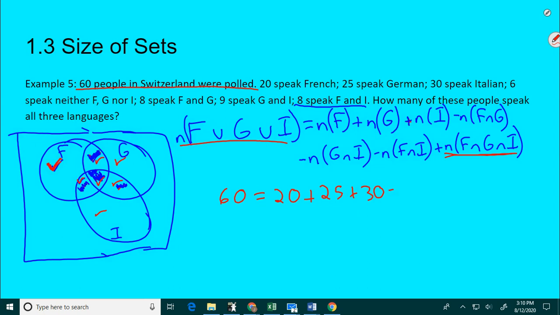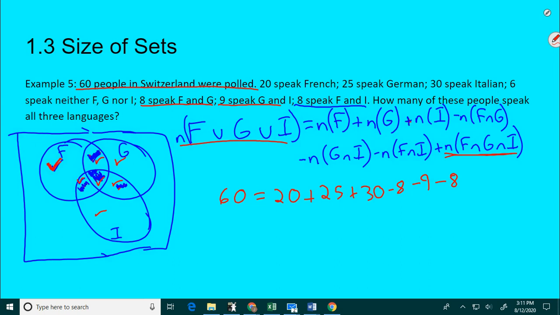So F intersect G, so that's French and German, 8, minus G intersect I, so German and Italian, 9. Minus F intersect I, so F in, it's fine, I made a mistake, I'll get that in a second. F intersect I was 8 also.